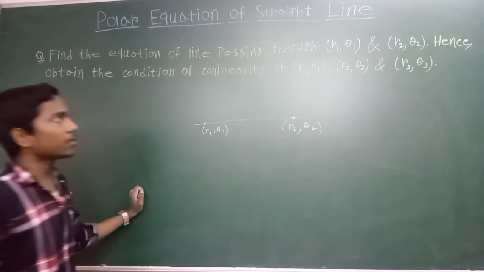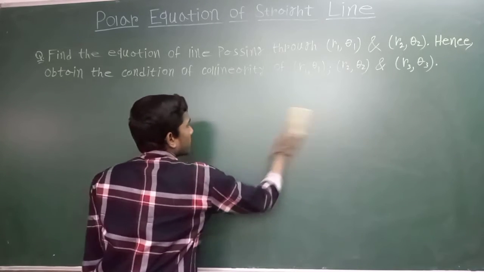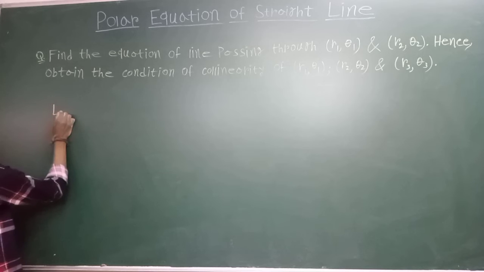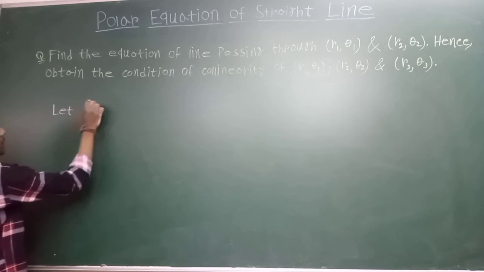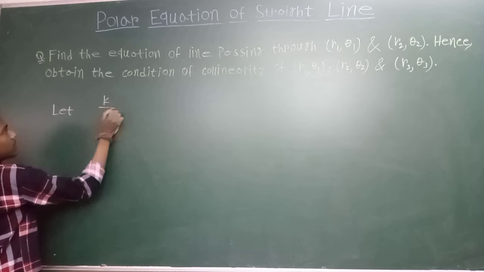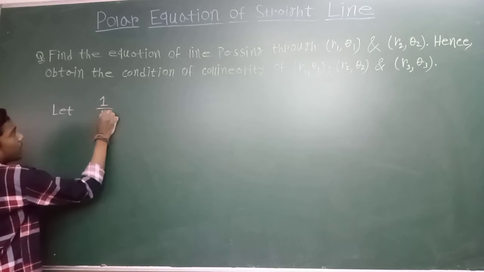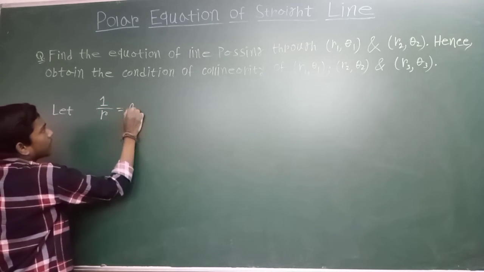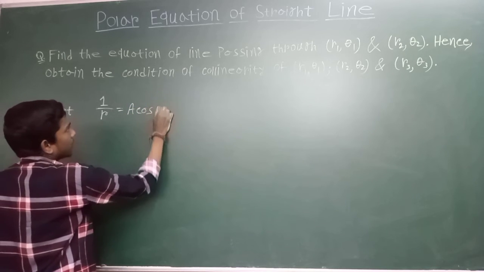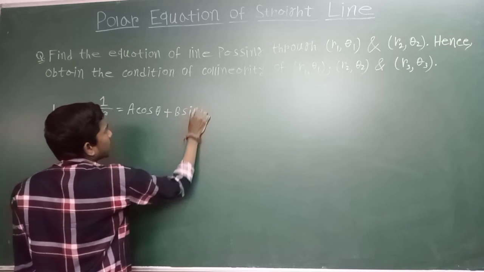Okay, so we will write the general equation. Let the equation of the line be 1 by r is equal to a cos theta plus b sin theta.